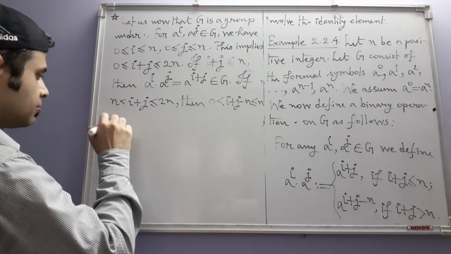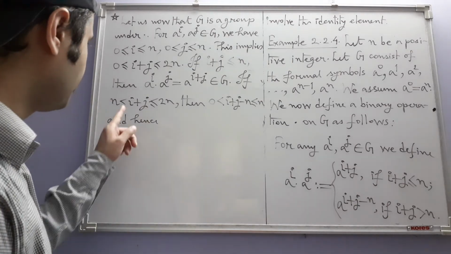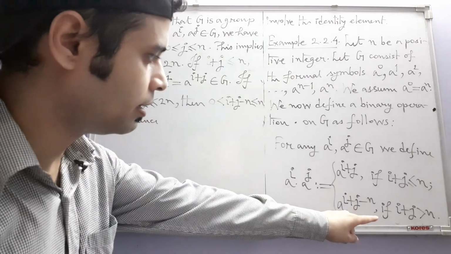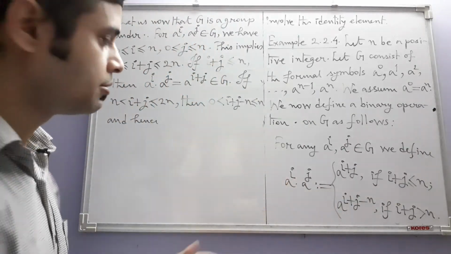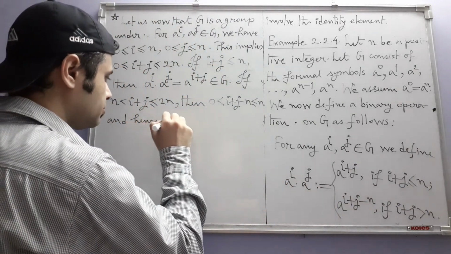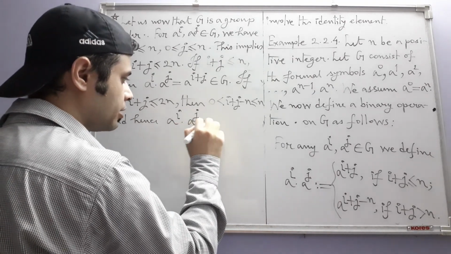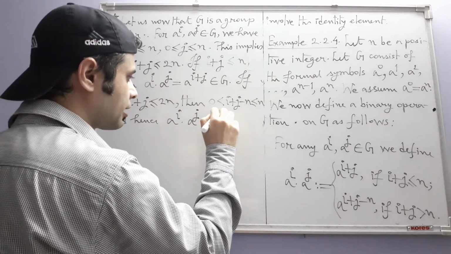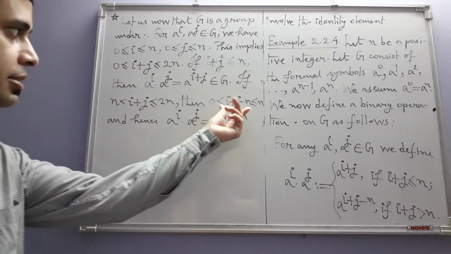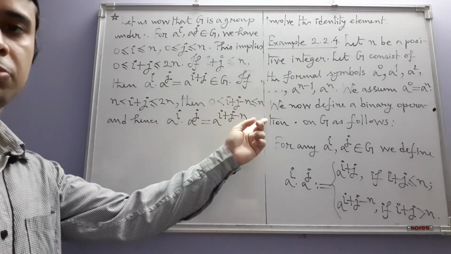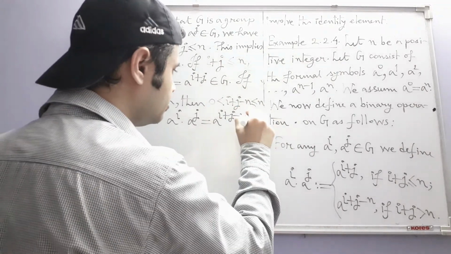Hence, when i plus j is greater than n, by definition this is equal to this. So in this case a to the power i times a to the power j is equal to a to the power i plus j minus n, but i plus j minus n is again between 0 and n. So this symbol belongs to G.